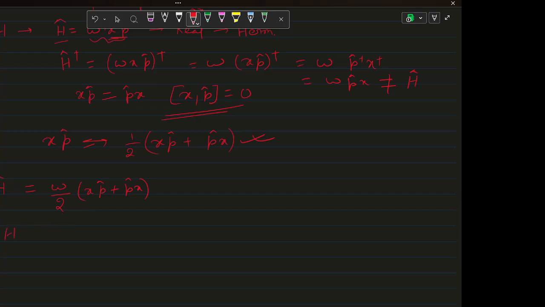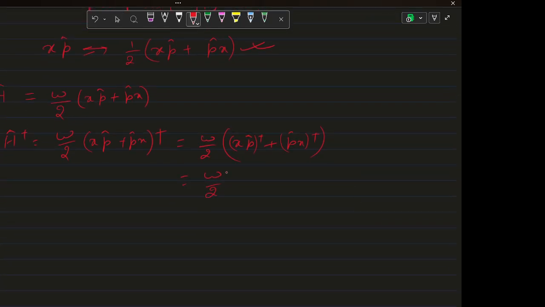So we can write H cap dagger is equal to ω/2, this is a constant term so we will take it outside, (x p cap plus p cap x) dagger, is equal to ω/2 [(x p cap) dagger plus (p cap x) dagger], is equal to ω/2 (p cap dagger x dagger plus x dagger p cap dagger).